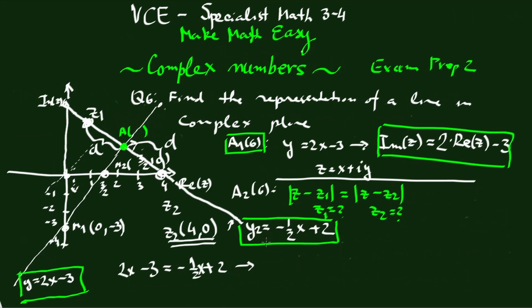From there we're getting that 2x plus 1/2 x, that's how many? It's 4/2 plus 1, 5/2. So you get 5/2 of x is equal to 5. Minus 3 on the other side is 5.